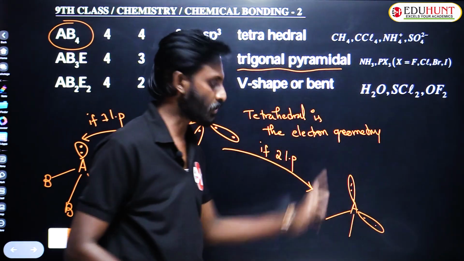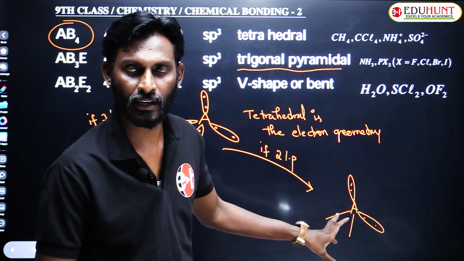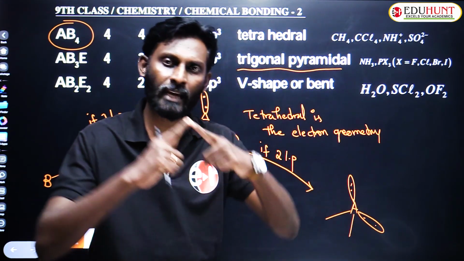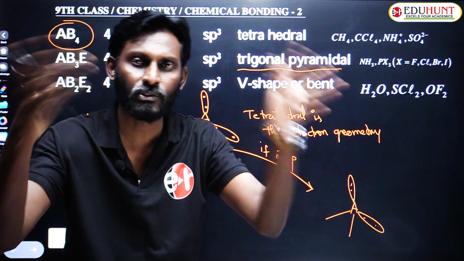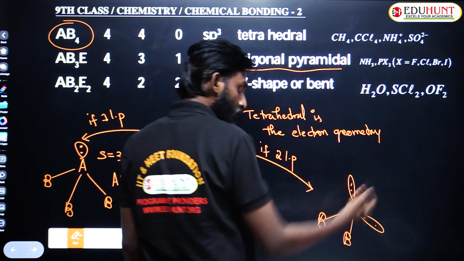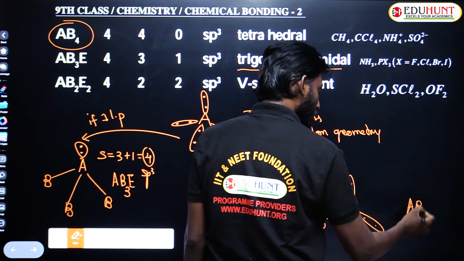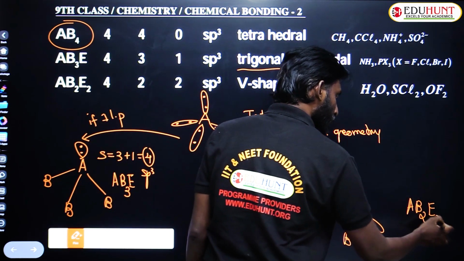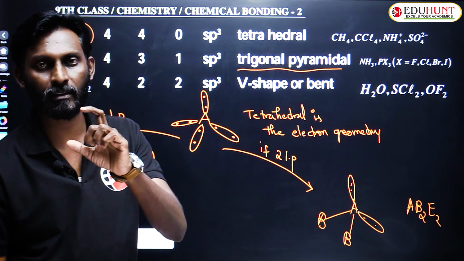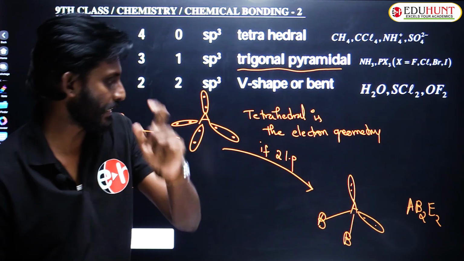You can draw these lone pairs anywhere. First draw the electron geometry. Among these 4 pairs, take any 2 pairs as bond pairs and any two as lone pairs. So this is B, B. Then what is the formula going to be here? AB2E2. The lone pairs are represented with the capital letter E.